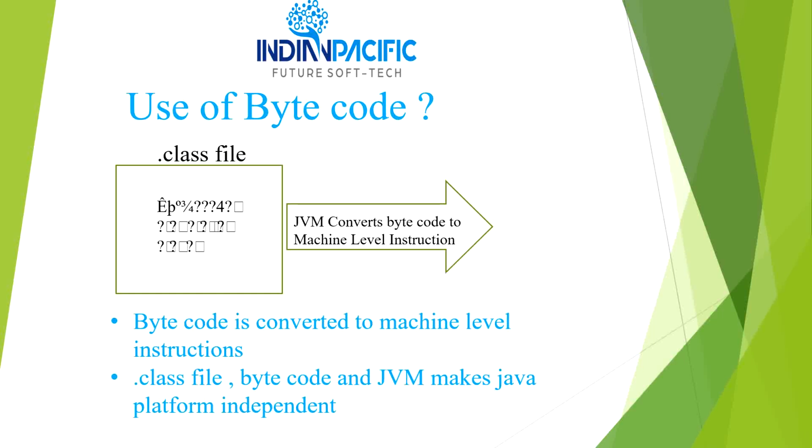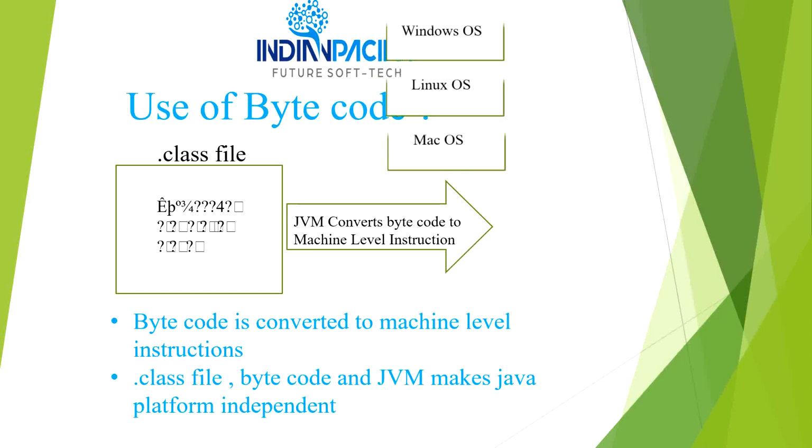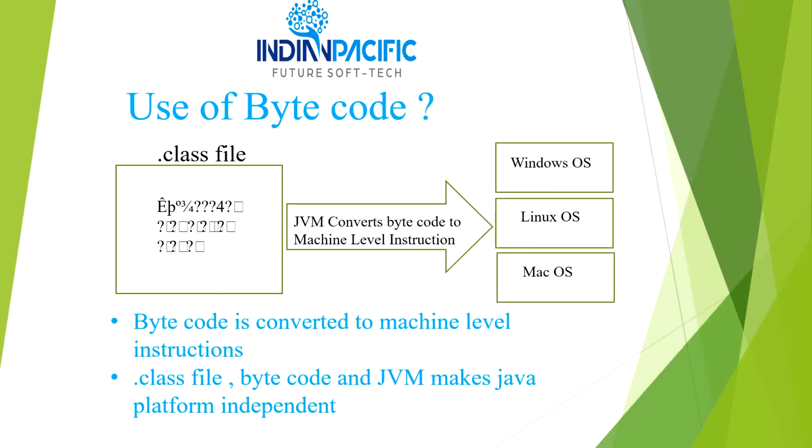To explain to those machines the meaning of these bytecodes, the JVM converts the bytecodes to machine level language, or machine level instructions. Due to this, other machines can understand the meaning of these bytecodes, or what instruction the JVM is giving to us.